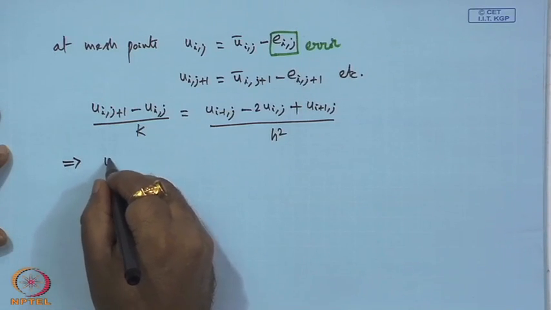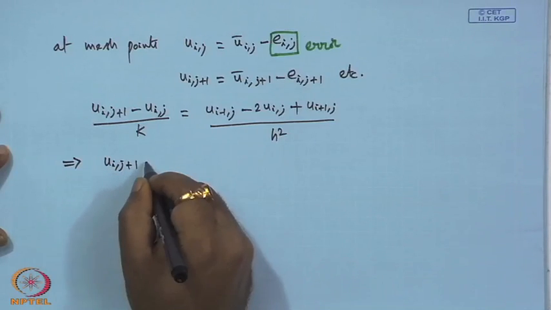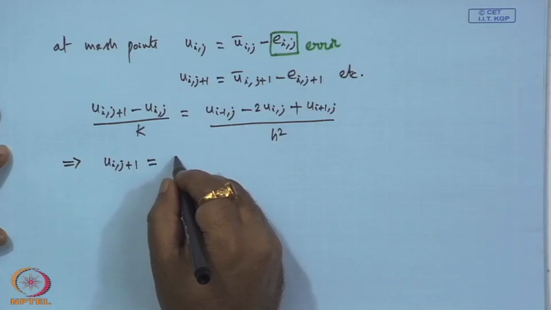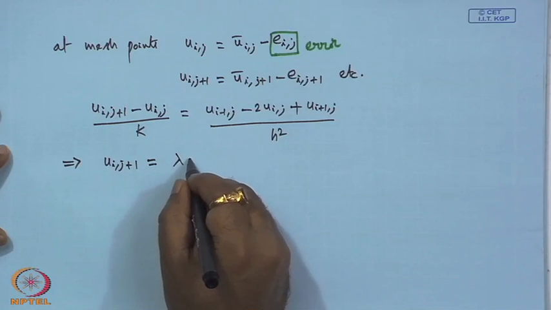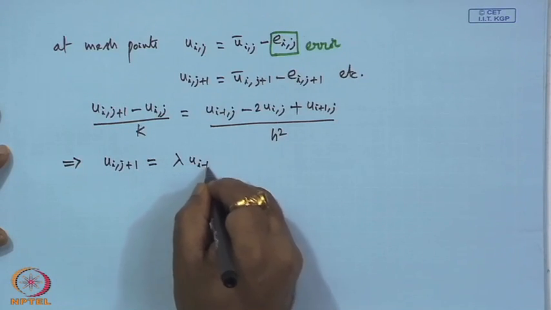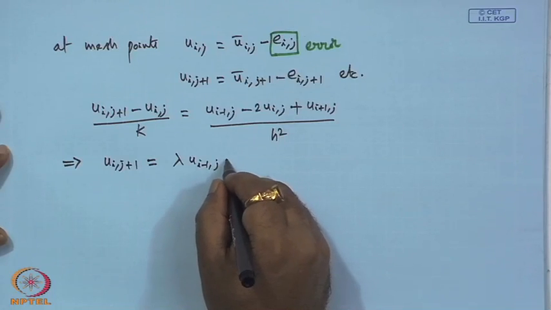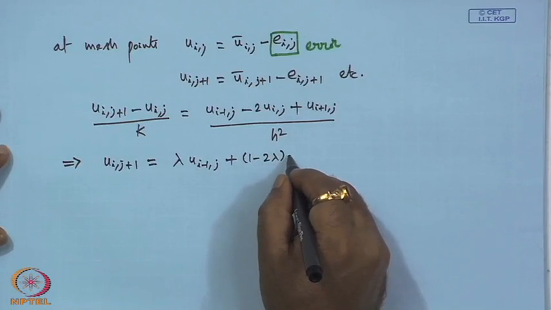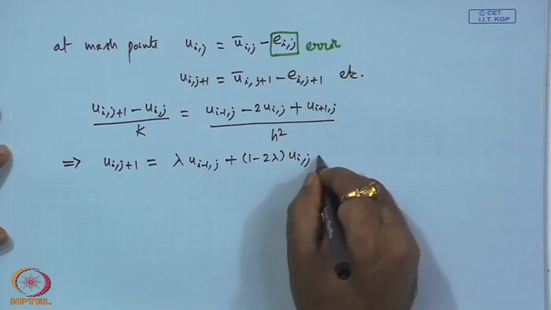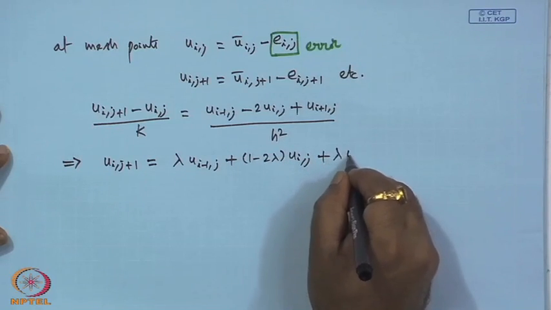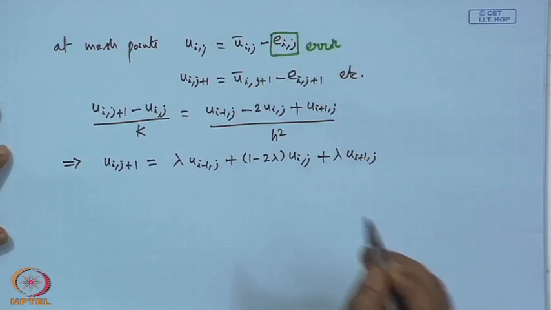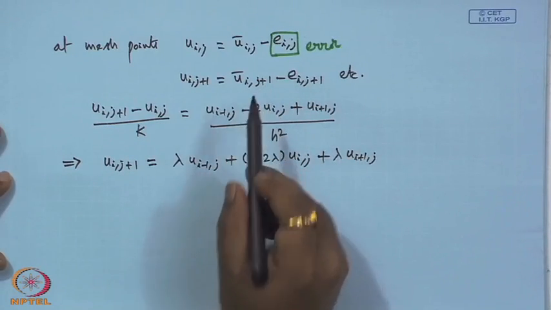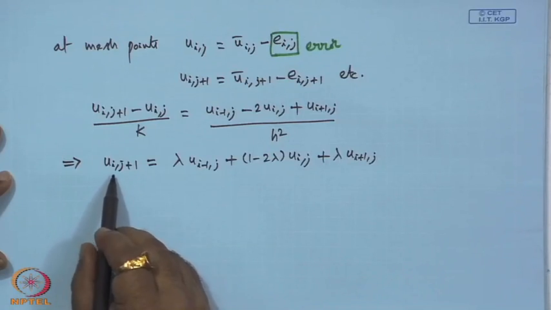So, that will be u i j plus 1 equal to lambda u i minus 1 j plus 1 minus 2 lambda. This is our standard form. Okay. So, then let us substitute these ansatz.